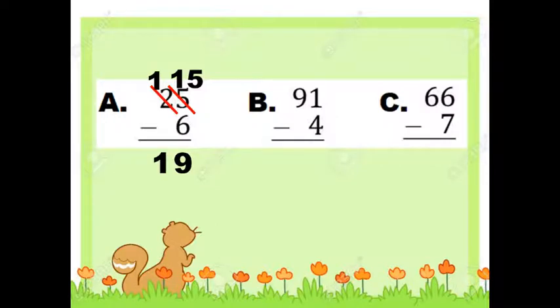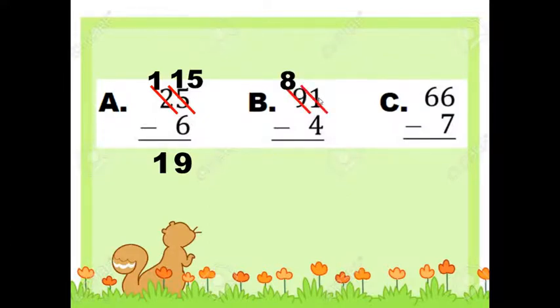Very good. Let's have letter B. 91 minus 4. So let's start subtracting with our ones again. 1 minus 4. We all know that 1 is smaller than 4. So we need to borrow from our nearest tens, which is 9. 9 minus 1 is 8.